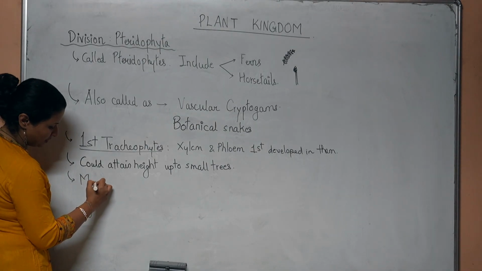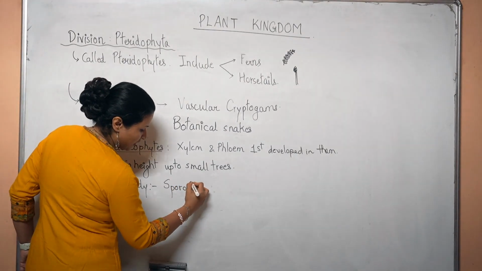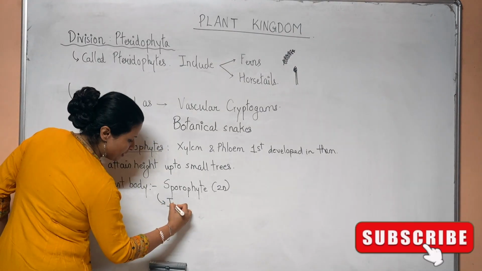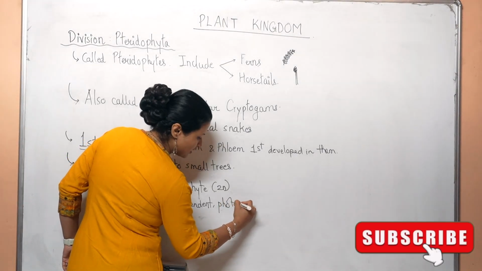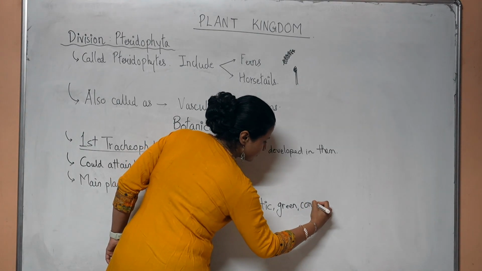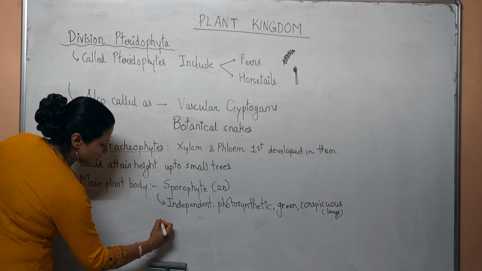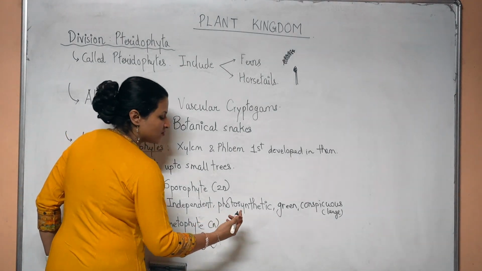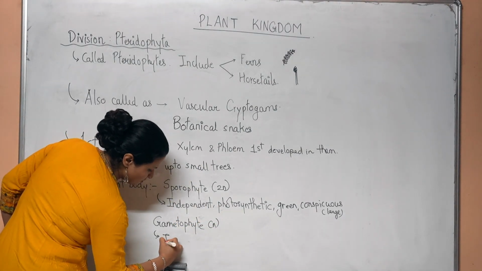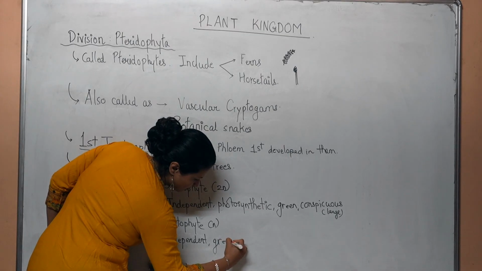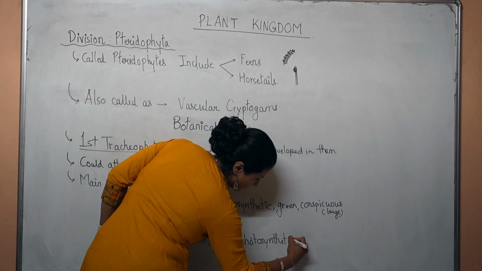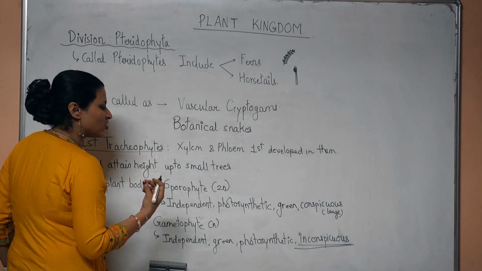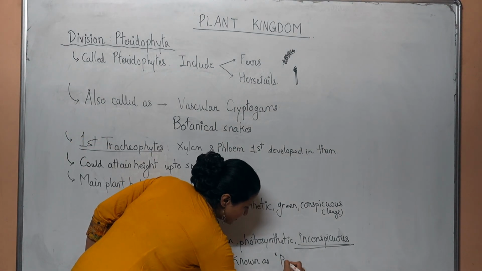The main plant body is the sporophyte, which is a 2N structure, and this one is independent, fully photosynthetic, green and conspicuous. Conspicuous means large. The gametophyte, which is the N structure formed after germination of spores, is also independent, green, photosynthetic. However, it is inconspicuous and it is specifically called prothallus in this case.